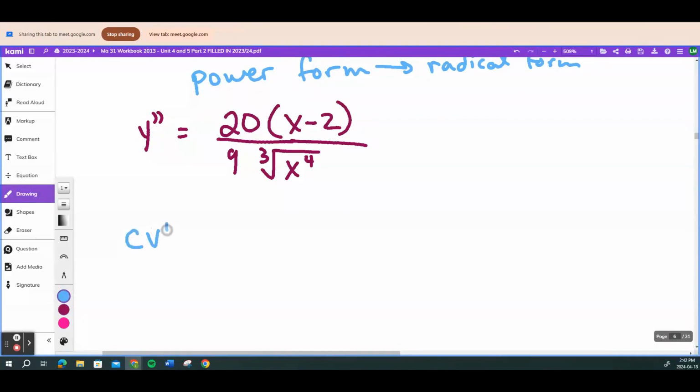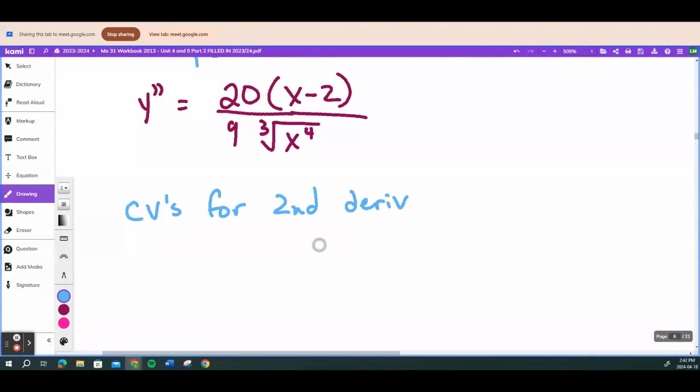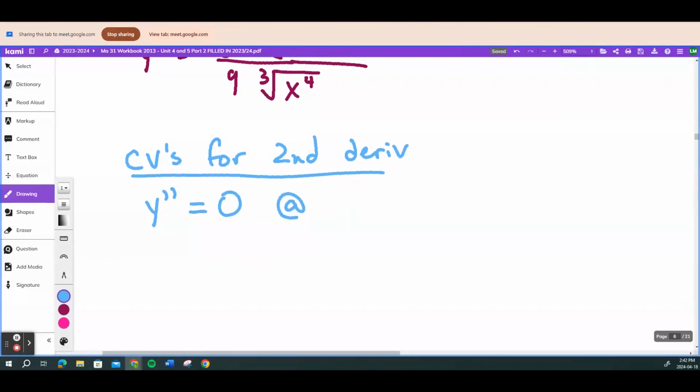So critical values for the second derivative. y double prime is equal to 0 when the numerator is equal to 0.